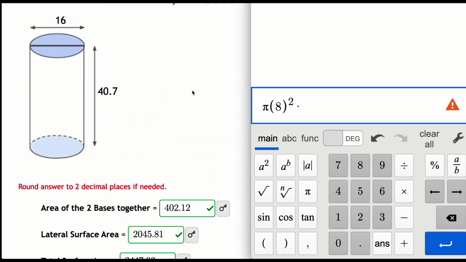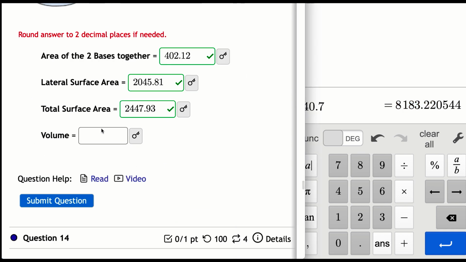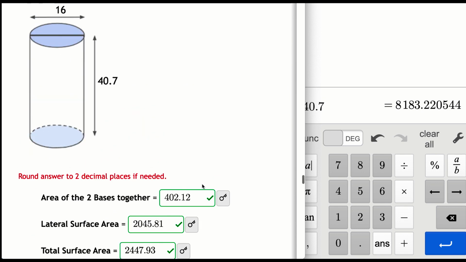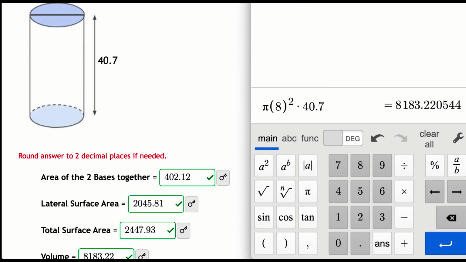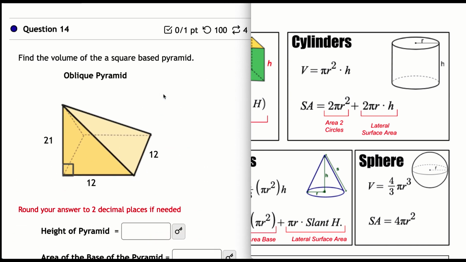Your height, again, in this question is 40.7. This answer is representing my volume for the question. So we'll put that in here, and hopefully you're successful finding your volume and surface area of cylinders. Again, use the formula sheet. That'll definitely help you get through the cylinder parts of this question.